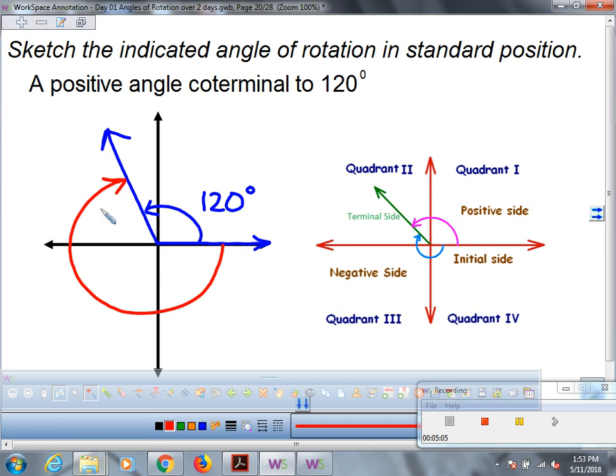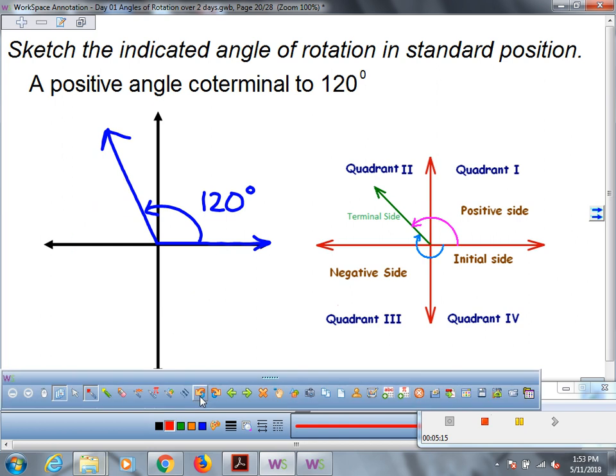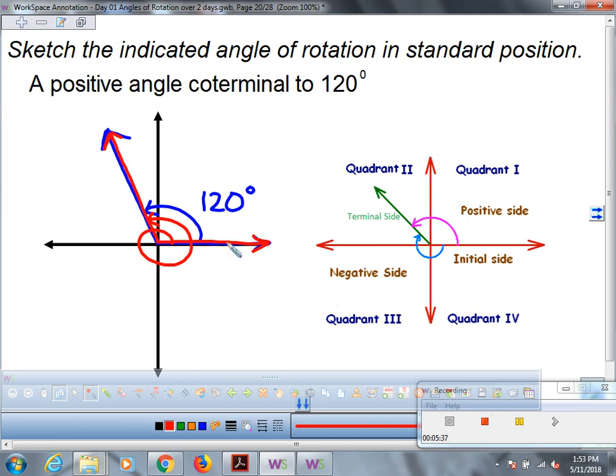So the only way to get a positive angle that's co-terminal with 120 is to go all the way around my circle, 360 degrees, and then 120 more. Does that make sense? So my angle has to start here, and it has to go all the way around 360 degrees and then 120 degrees more. So it would be 360 plus 120 degrees equals 480 degrees.